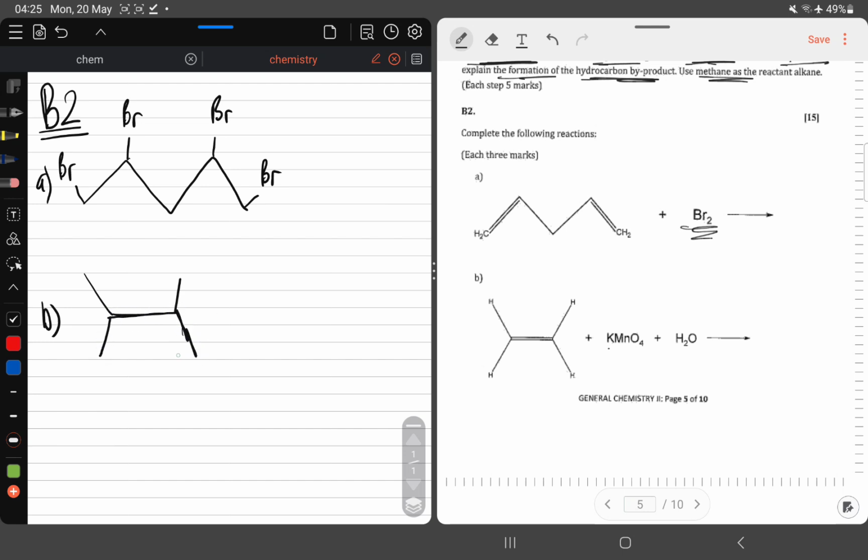Single bonds like that. And then somewhere inside, you know this is going to be an OH. Okay. I am not sure if I'm doing the right thing in terms of drawing, but yes, it's going to be an OH. Okay. It's going to be an OH like this, and that's going to be a structure. Okay. If you wanted it to be straight up, you could have it like this.